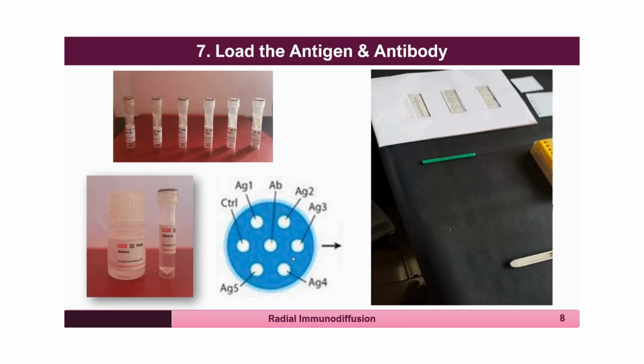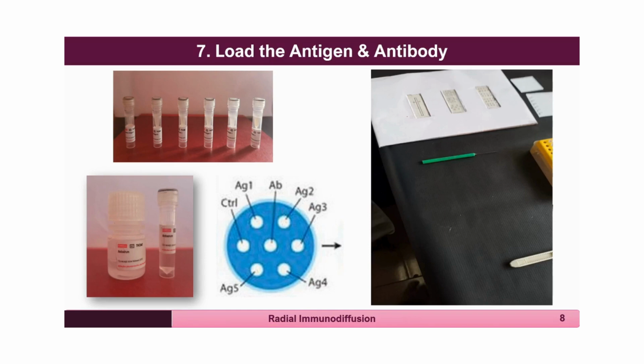Sometimes, to be on the safer side, you can dedicate one antigen well as a control well against the known antibody, because when the precipitin reaction takes place, it is 100% sure that the control well where the known antigen is added against the antibody will definitely form the precipitin band, whereas the unknown test samples which are loaded, if they are negative for the antigen against the antibody loaded there in the well, they will not produce the precipitin band.